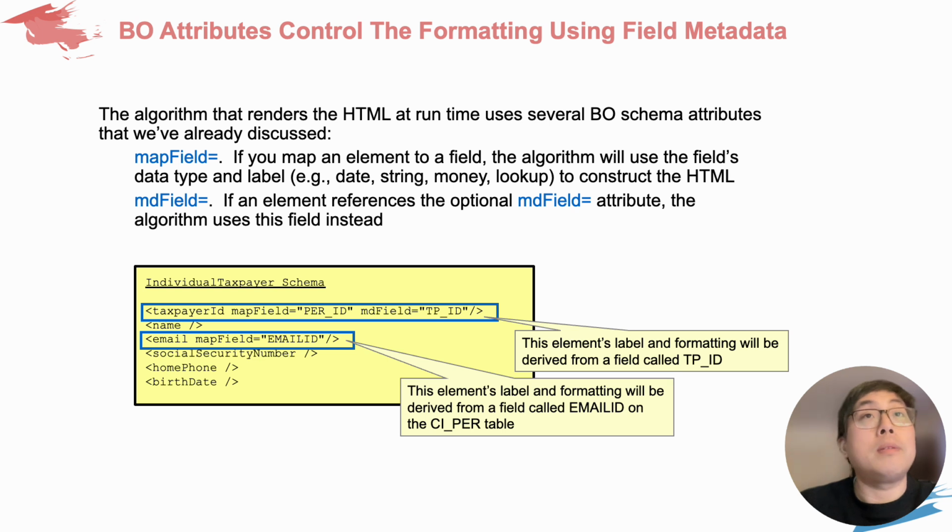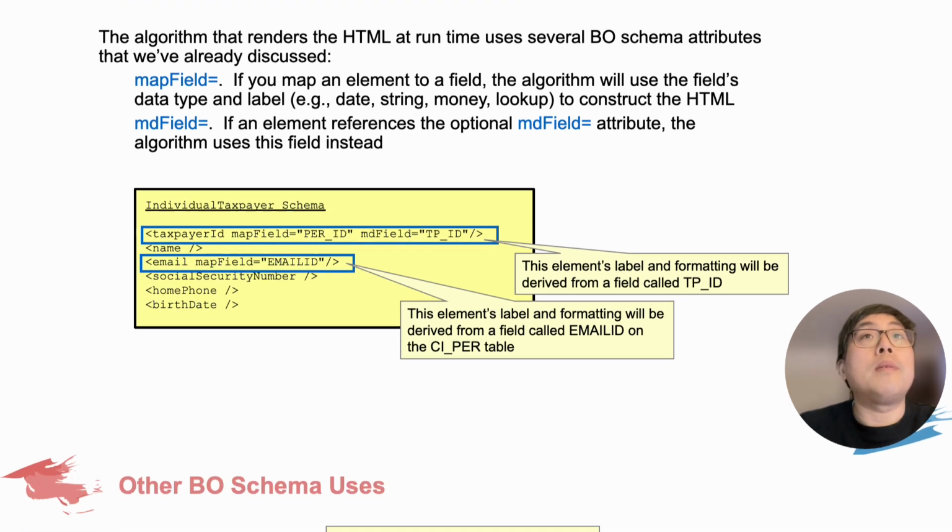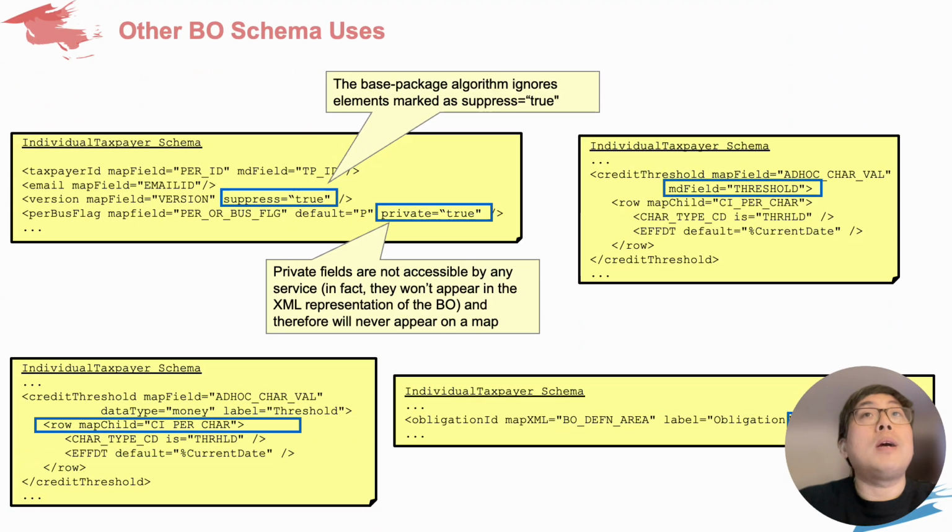Similarly, the email is mapped to an email ID field. Okay. Right, on this one, let's look. The first one is suppress equal to true. Now, suppress equal to true means if there's no value, it won't be shown on the screen.